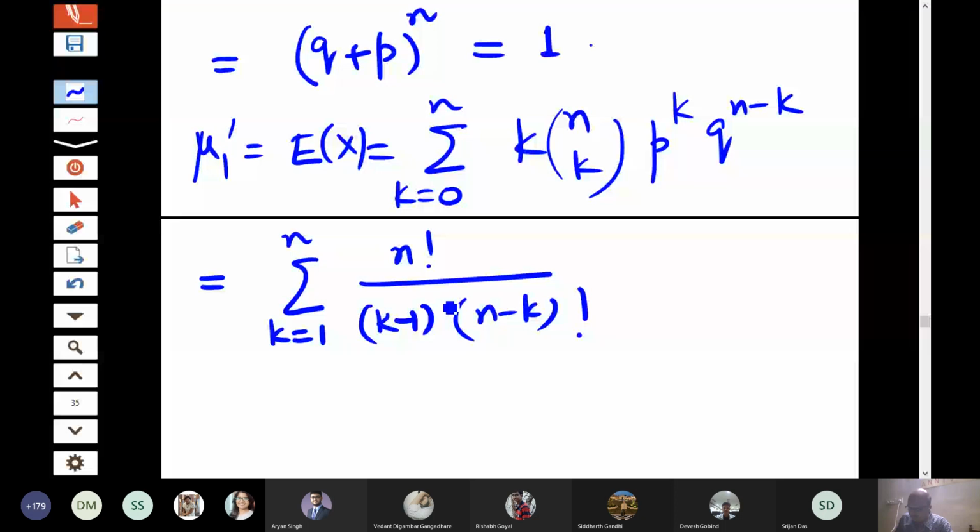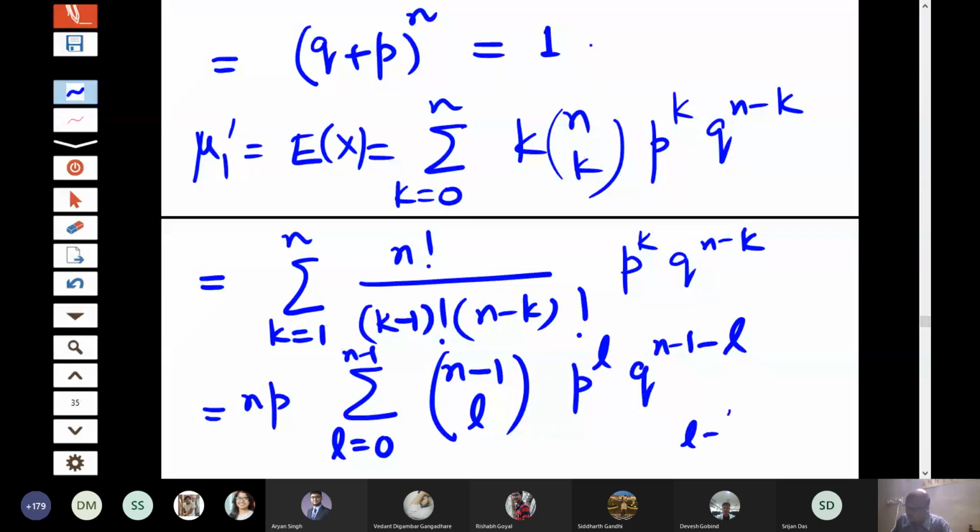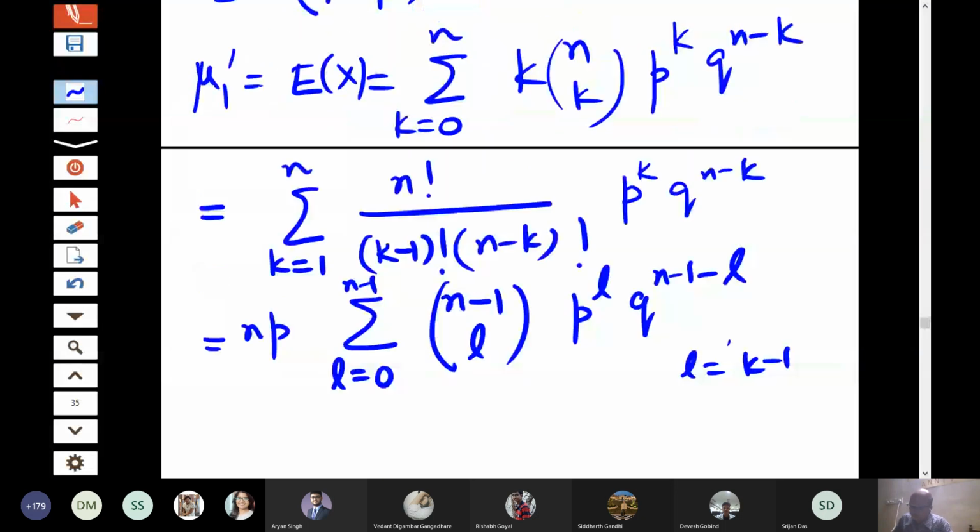In the next step, I take np outside and I put the sum over L equal to 0 to n minus 1 of n minus 1 CL, p to the power L, and q to the power n minus 1 minus L. I have put L equal to k minus 1. So this has again become a binomial sum, that is np times q plus p to the power n minus 1. So that is again np. So the mean of a binomial distribution is np.